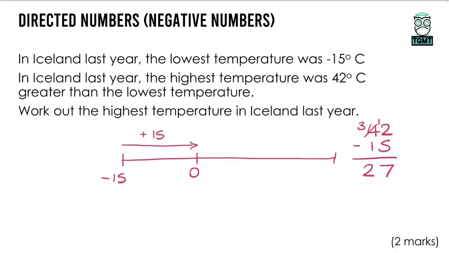So I have to go up an additional 27 degrees. Now if we go up an additional 27, which would be an overall increase of 42, of course that's going to get me to 27 degrees. So here the highest temperature in Iceland last year would be 27 degrees Celsius. And there we go, that'll be our final answer looking at this negative number question.